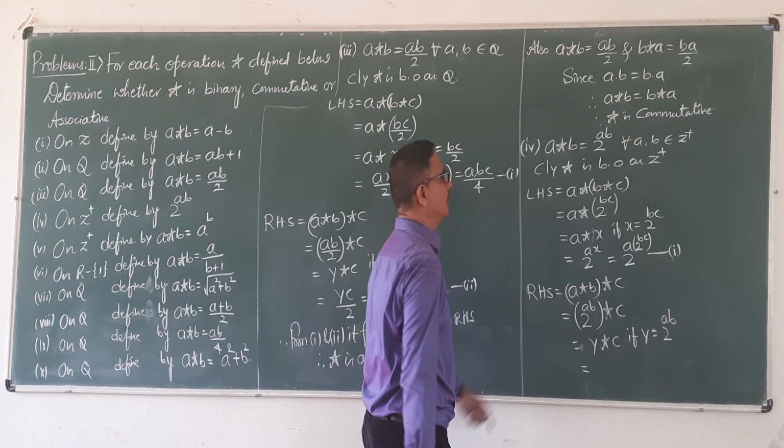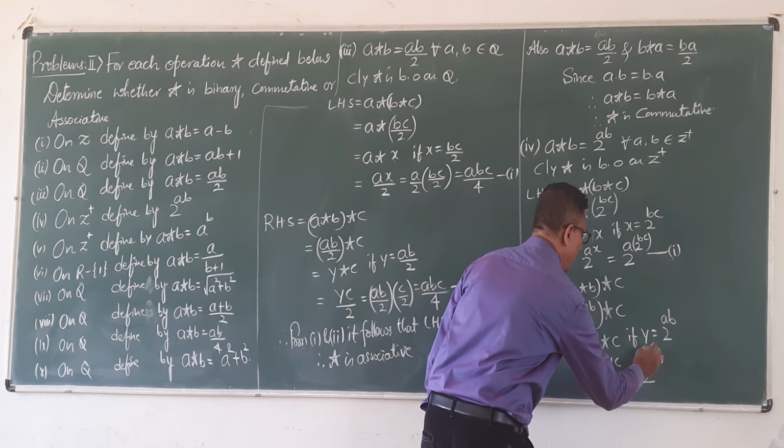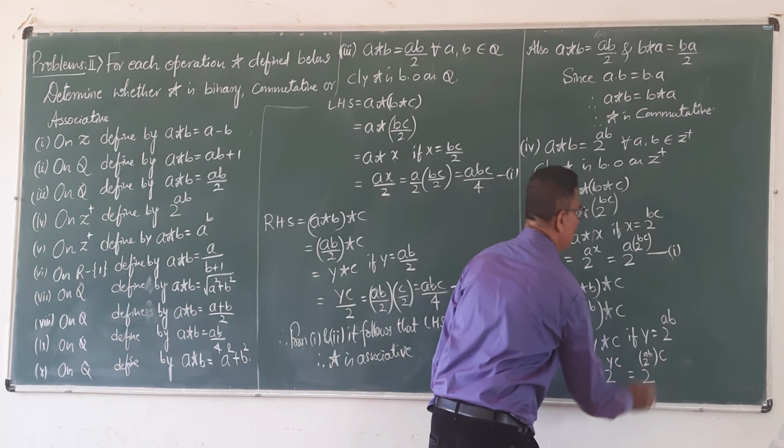What is Y star C? 2 power YC. That is 2 power, the value of Y is 2 power AB into C. Right? Observe it. Are they equal? Here 2 power A into 2 power BC. Here 2 power AB into C. Is it equal or not?